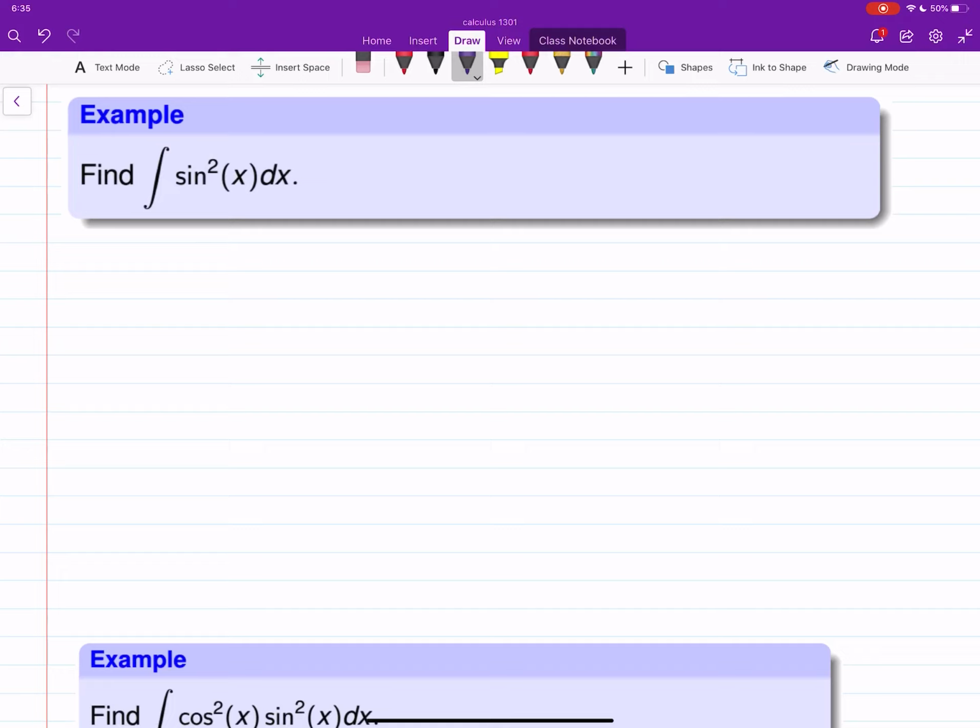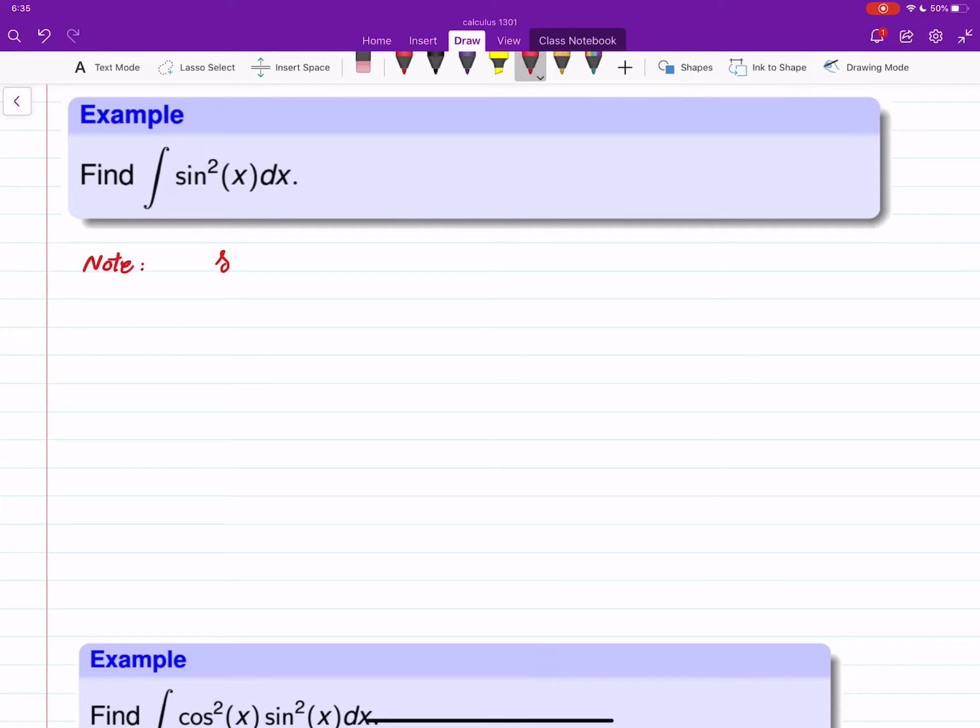The power of cosine is 0, which is an even number, times sine squared. In these cases, there is only one way to move on, and that is you have to use what are called power reducing identities.